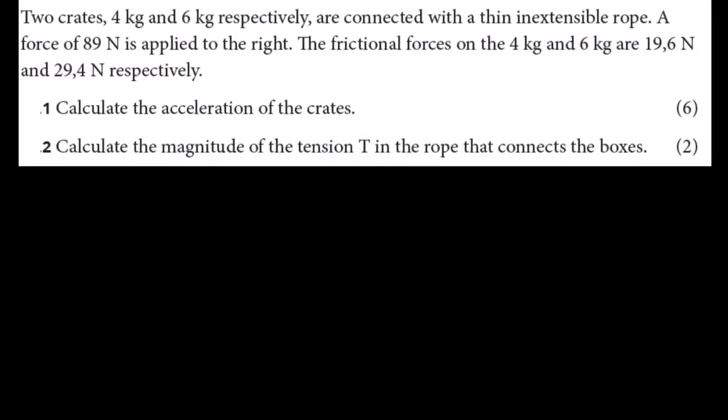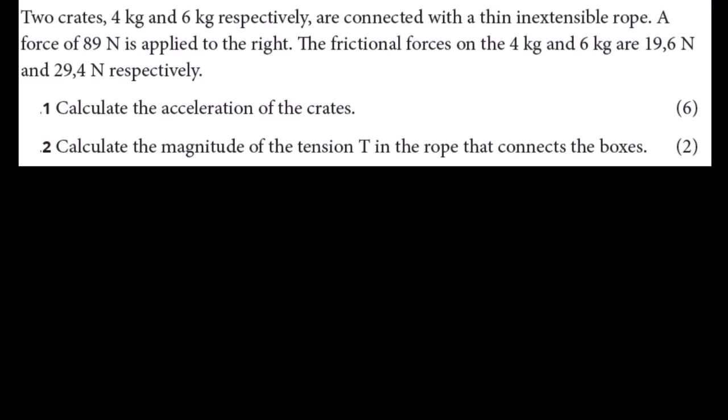This is the question for today. The question says 2 crates, 4 kg and 6 kg respectively, are connected with a thin, inextensible rope, and a force of 89 Newton is applied to the right. The frictional force on the 4 kg and 6 kg are 19.6 Newton and 29.4 Newton respectively.